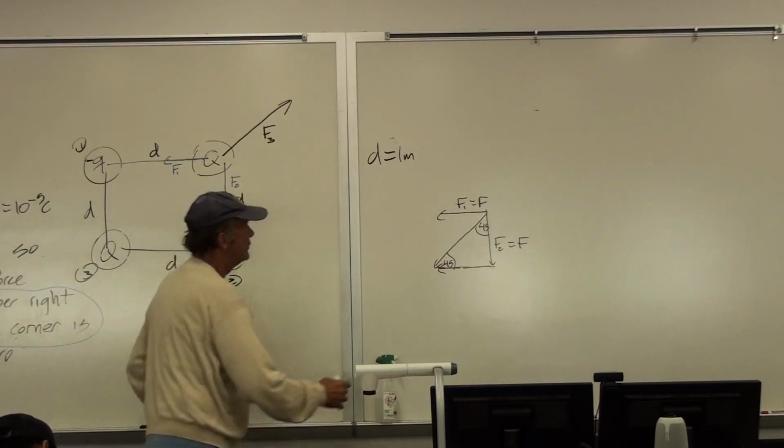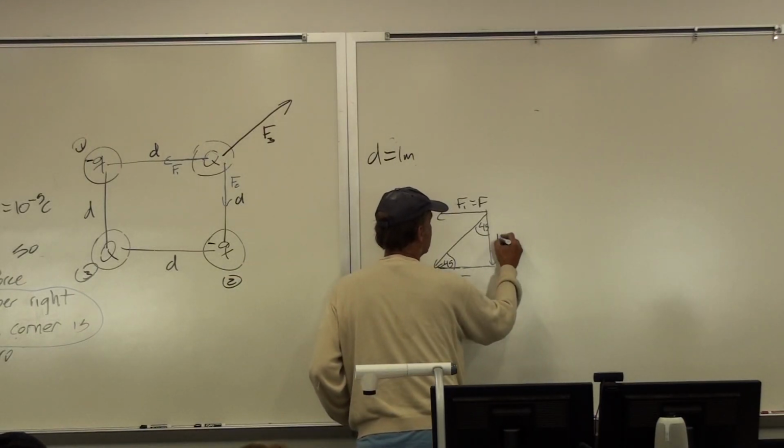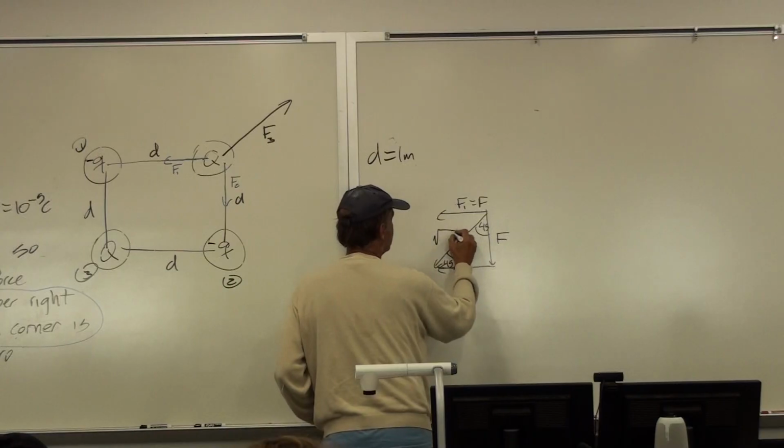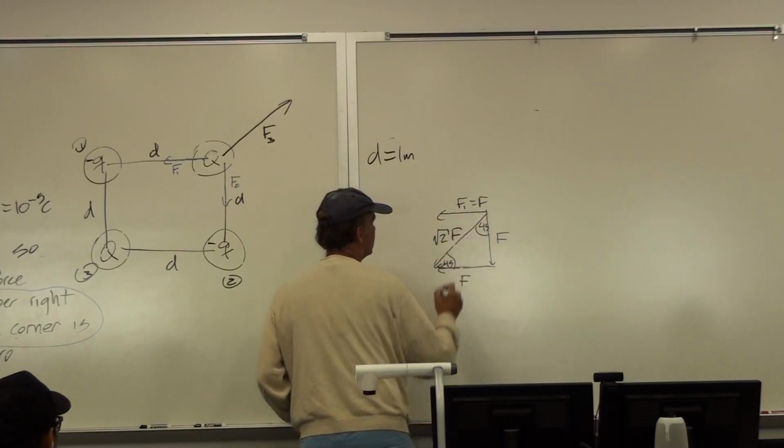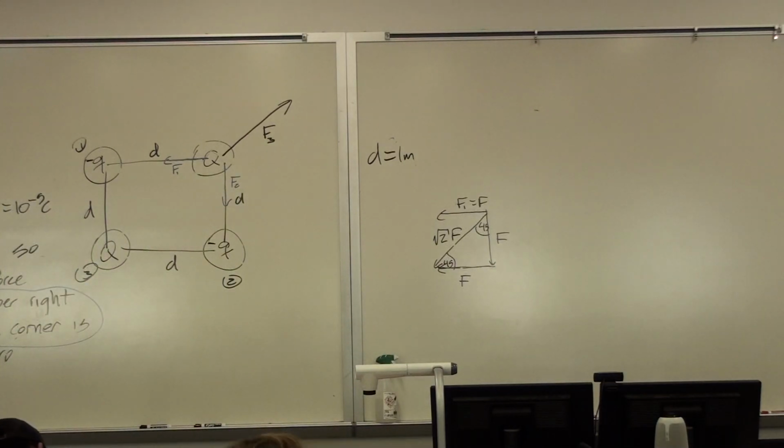Okay, and so if this is F, then by the Pythagorean theorem, the hypotenuse has to be the square root of 2 times F. Does everybody see that? You can just do the Pythagorean theorem if you don't believe it. The square root of F squared plus F squared is equal to the square root of 2 F squared.